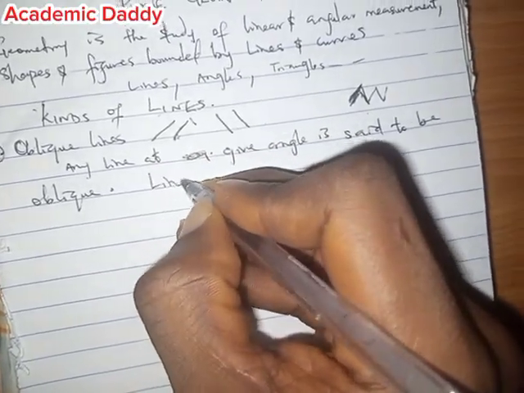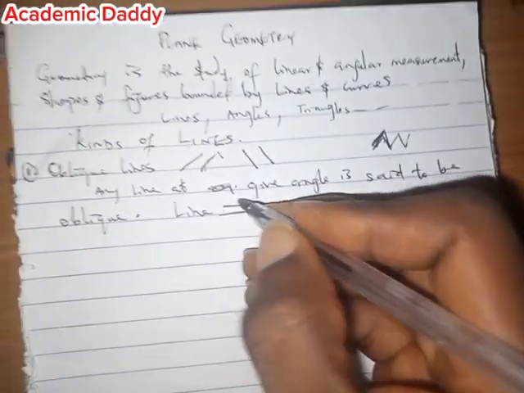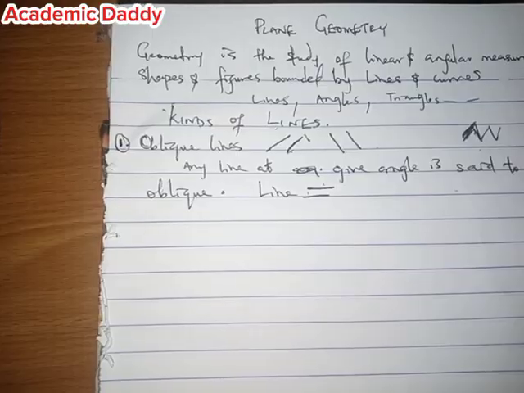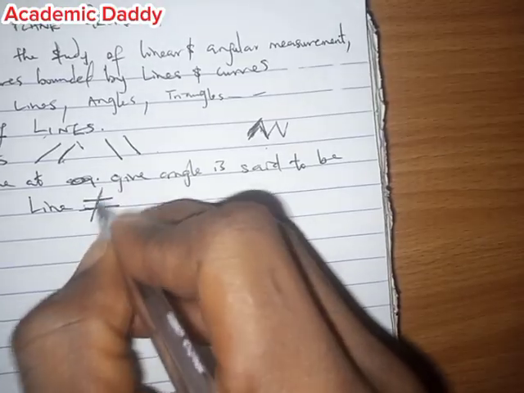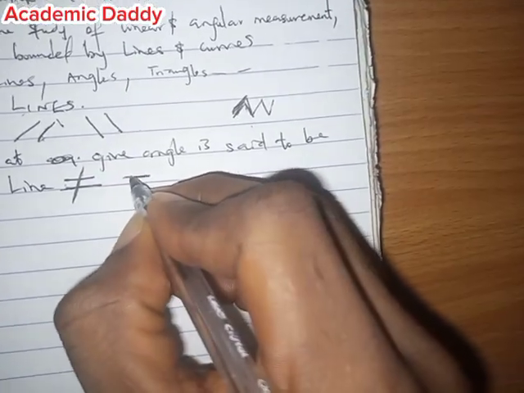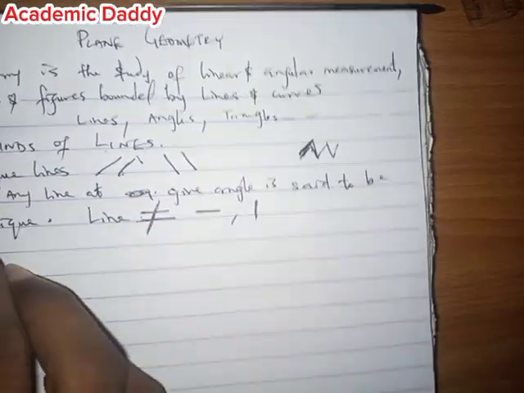So provided the line is not horizontal and is not vertical, it is called an oblique line.